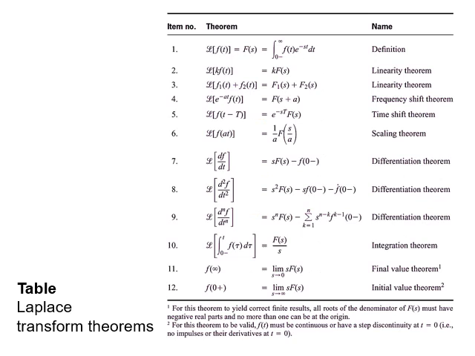Students, now we will study various theorems which will provide conversion of time domain to frequency domain relations. This table includes the definition of conversion, linearity theorem, frequency shift theorem, time shift theorem, scaling theorem, and theorems used to find the Laplace transform of first order derivative, second order derivative, and nth order derivative.